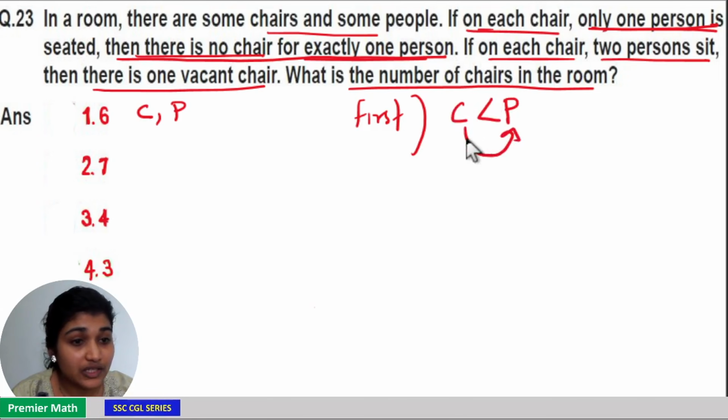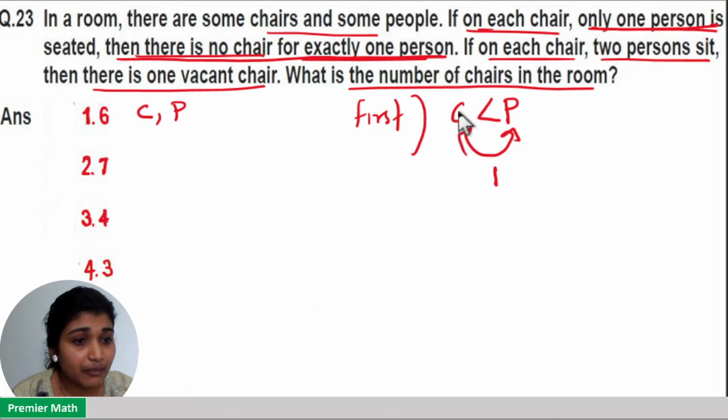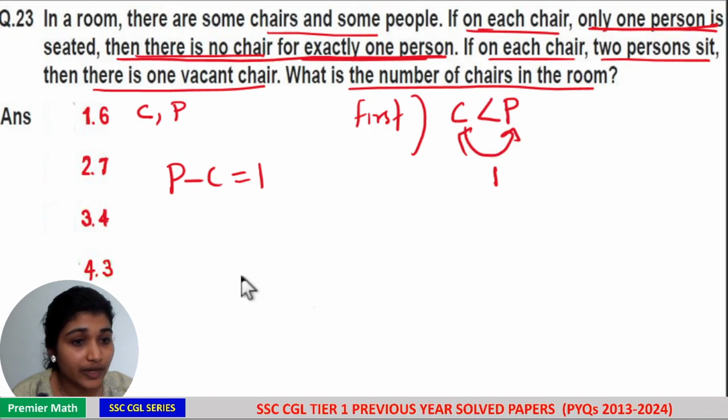Number of chairs is 1 less than number of people. So from this we can form the equation P minus C equal to 1.